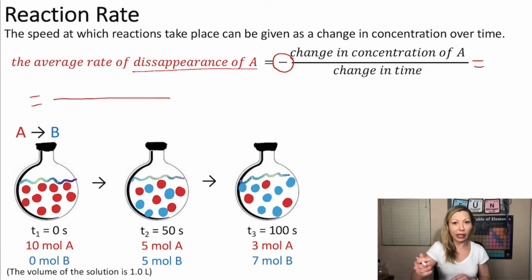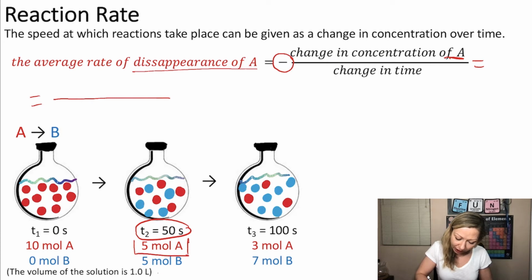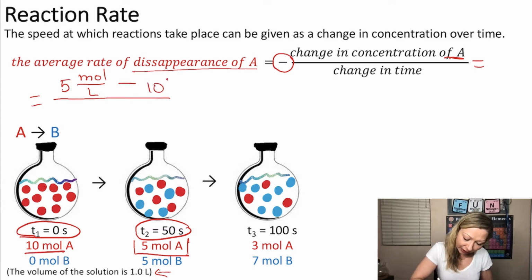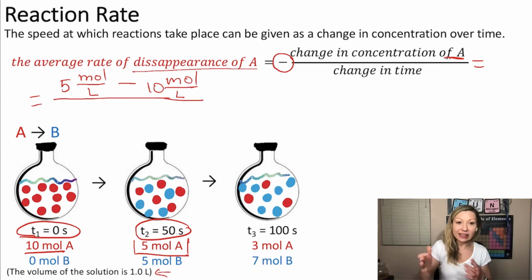Let's do the same calculation that we did for the product B, but now for the reactant A. I need to take the changing concentration of A. The concentration of A at T2 is 5 moles per liter, minus at T equals 0, 10 moles per liter. Now, if I subtract 5 minus 10, I'm going to get a negative value, so I need to add this negative sign right there.